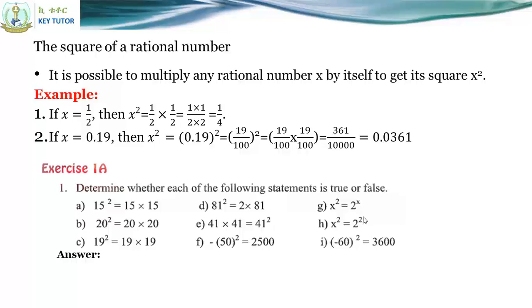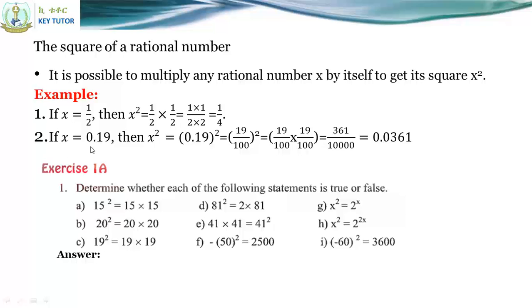Now let's take rational numbers here. It's very important to look at also rational numbers. If our rational number is half, then 1 over 2 squared is 1 over 2 times 1 over 2, which is 1 over 4.